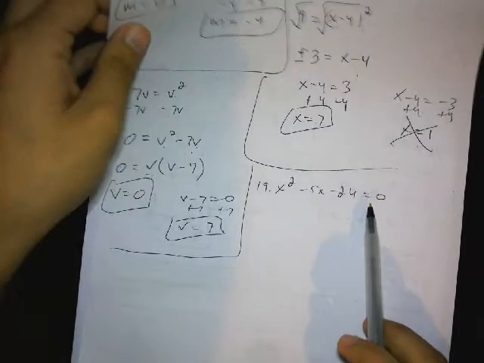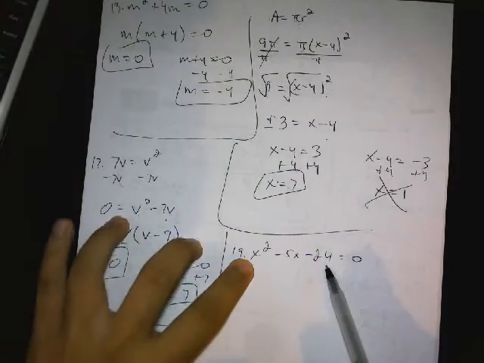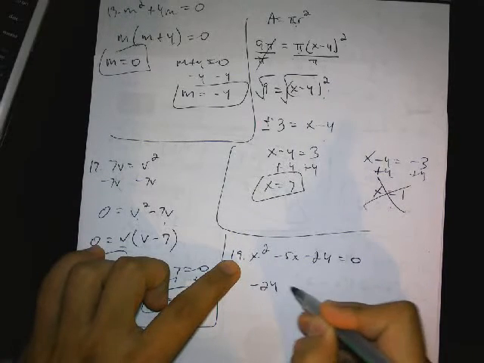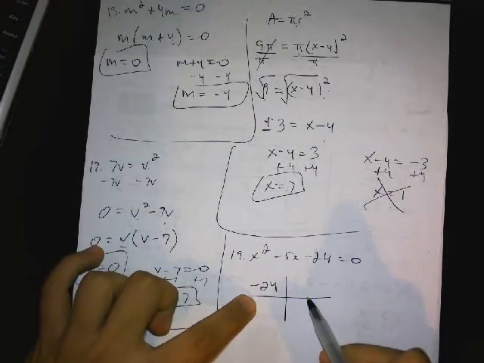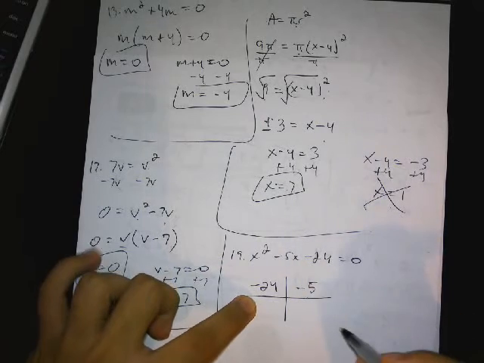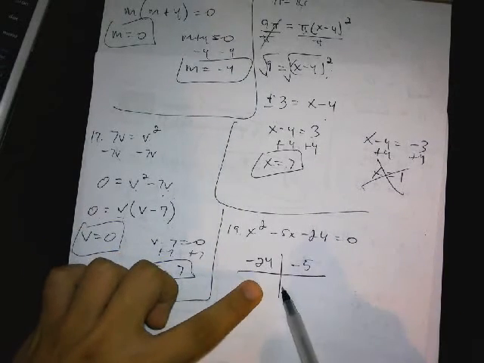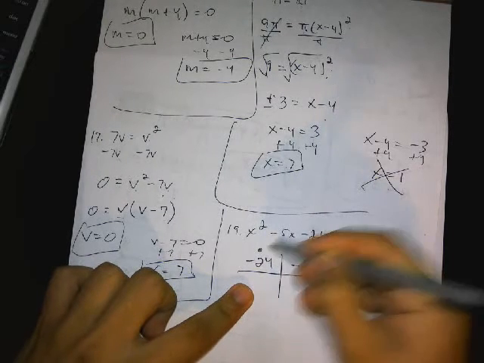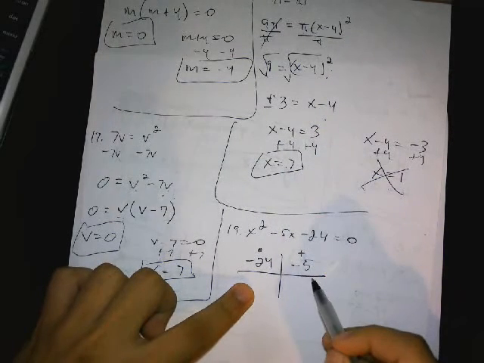So here we're going to use the same method that we used in number 1. So here I'm looking for two numbers that multiply to negative 24 and add to negative 5. So I'm going to make myself a little chart here. This is going to be my multiplication, and then this is going to be my addition chart.